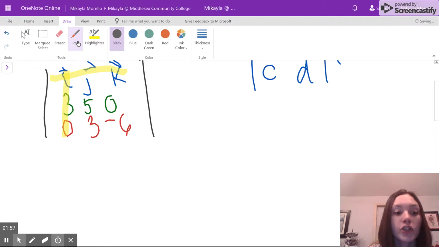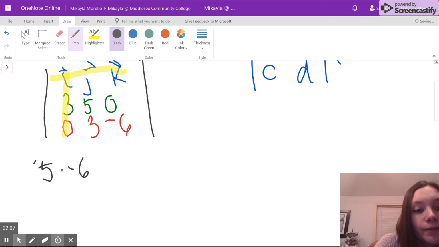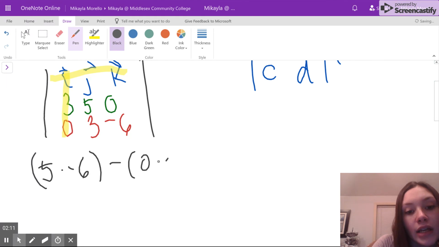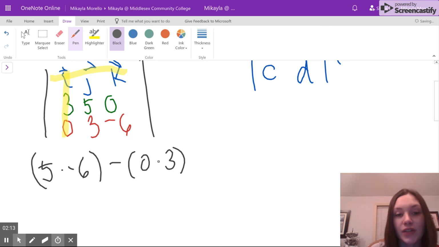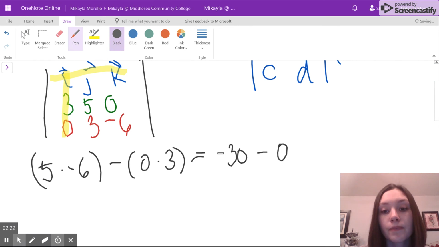Then we can do our A times D minus our B times C. So that would give us 5 times -6 minus 0 times 3. And 5 times -6 is -30. So that's -30 minus, and 0 times 3 is 0. So that just gives us -30i.